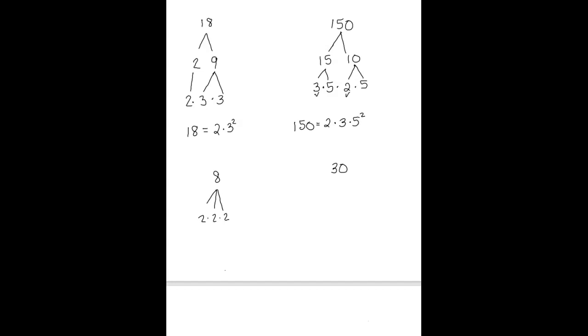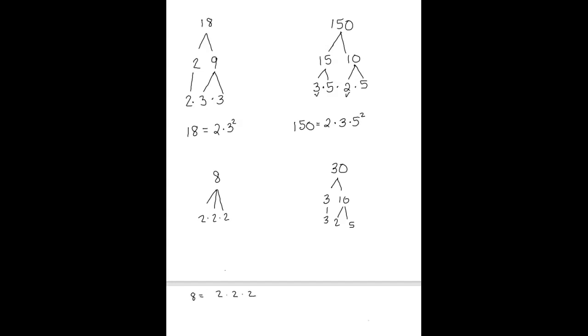I could have taken it in 2 and 4 and then broken it down further, but I'm going to shortcut that. And I'm going to go with 3 and 10. So 3 and 2 and 5. So what have I got here? For my 8, I've got 2, 2, and 2.